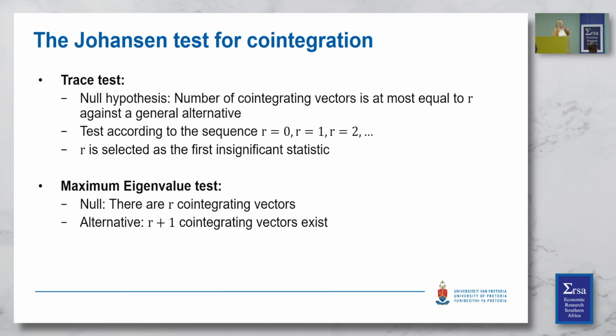Whereas the maximum eigenvalue test will have a sharper alternative, 0 against 1. And then 1 against 2, and then 2 against 3, until you reach the value of n. This one will each time test 0 against 1, then 1 against 2, 2 against 3, and then that's the end.